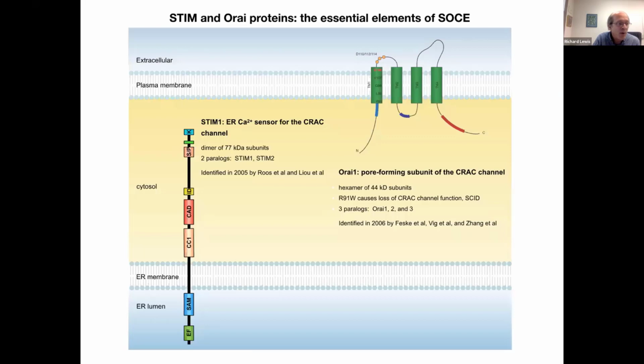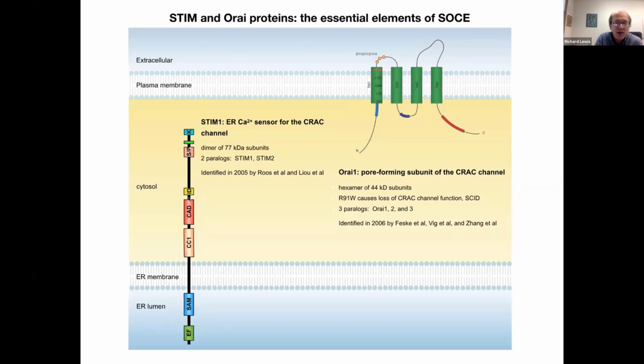So the overall way in which calcium depletion in the ER activates the channel is now relatively well understood, but there are still some mechanistic details to work out. Luminal calcium is sensed by STIM proteins in the ER membrane through binding to a luminal EF hand.